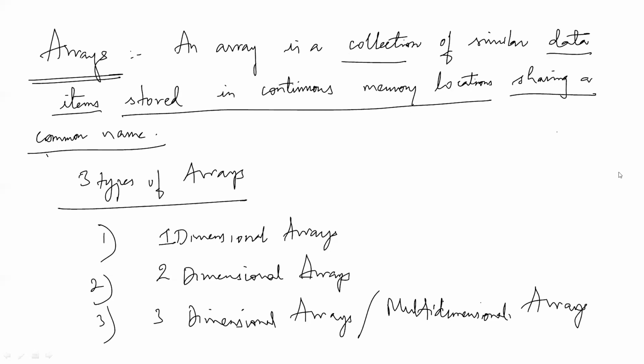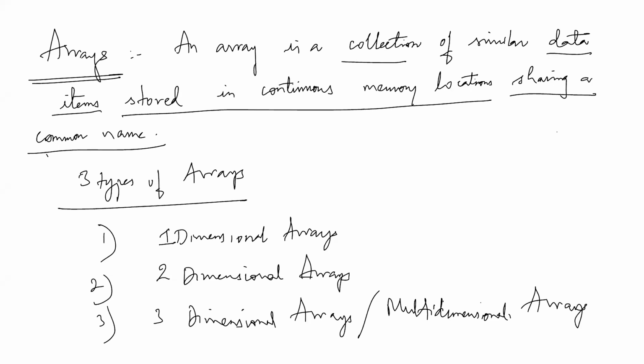So, we are into this data structures course for the past 2 days. In the last 2 classes, we have discussed what a data structure is, and how many types of data structures there are.